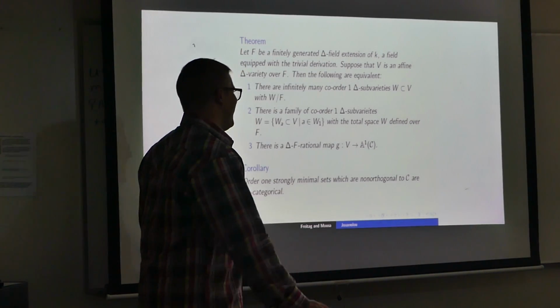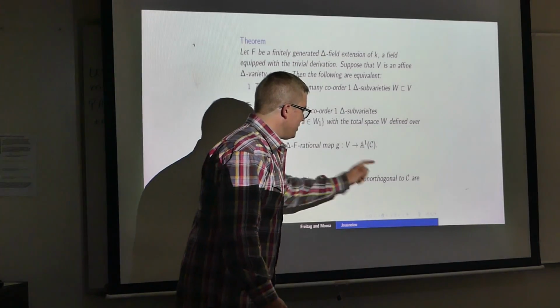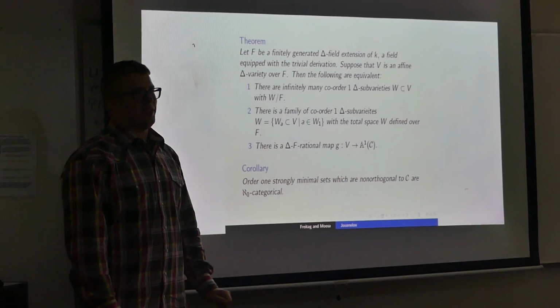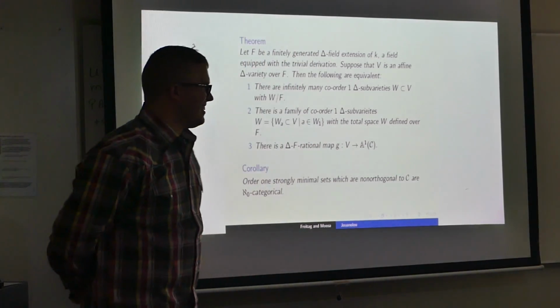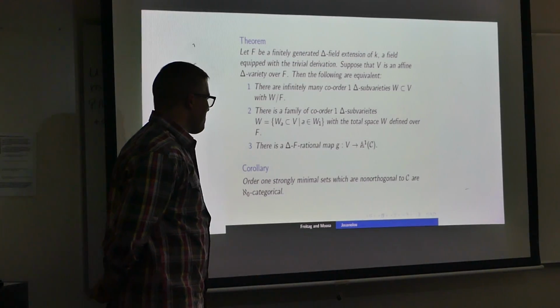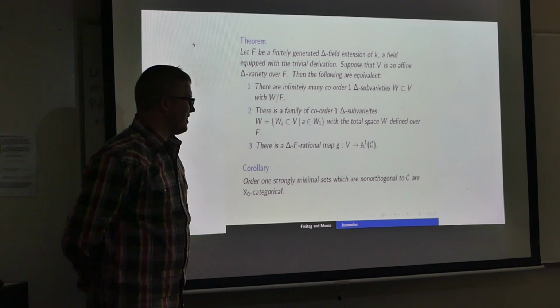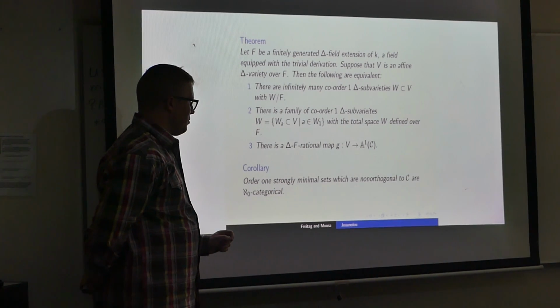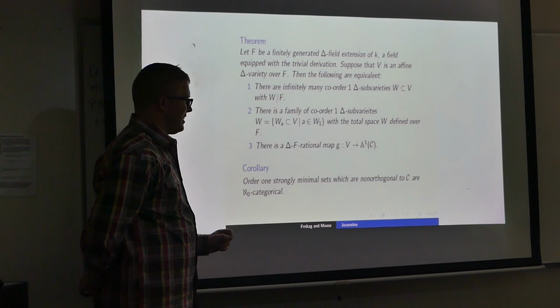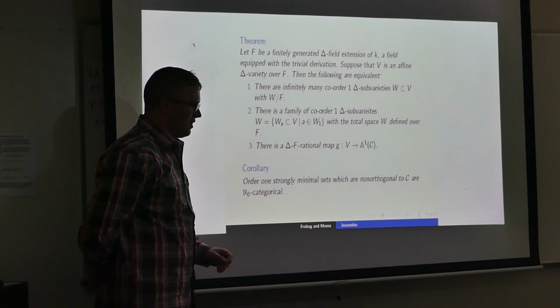I'm sorry, this is very confusing. Should say orthogonal. Yeah, that's a typo. It's the worst kind of typo, the one that makes you entirely wrong. I'm sorry, my fault. So, order 1 strongly minimal sets which are orthogonal to the constants are Aleph-naught categorical.